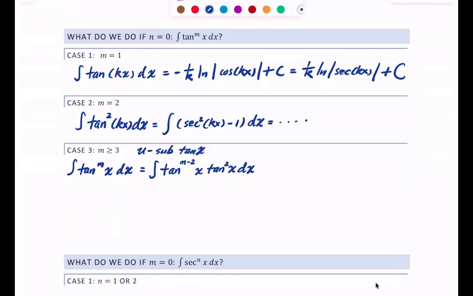And why do we want to do that? Well, remember we just talked about use up: secant squared can help with tangent use up.